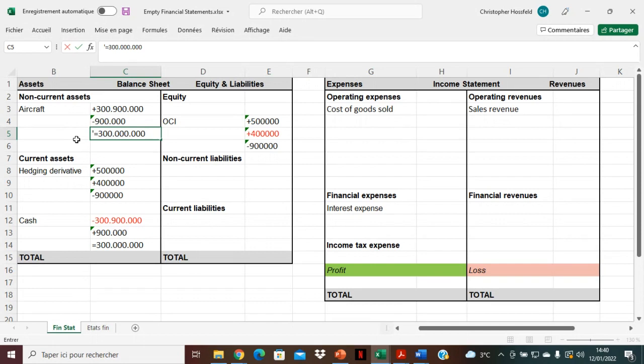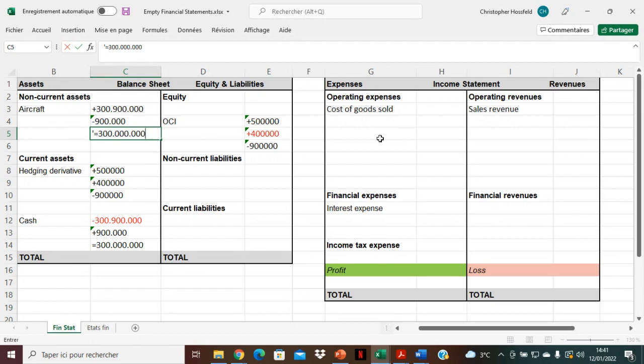That means my depreciation expense will be lower than it would have been without the hedging transaction. So, as I said before, it's a cash flow hedge, but there is an impact on the income statement. Here the impact is over time because of depreciation. Maybe I hedged not the purchase of an aircraft, but the purchase of inventory. Then the inventory value is lower, and there will be an impact on the income statement when I recognize the cost of goods sold of this inventory, which will be lower than without this hedge.